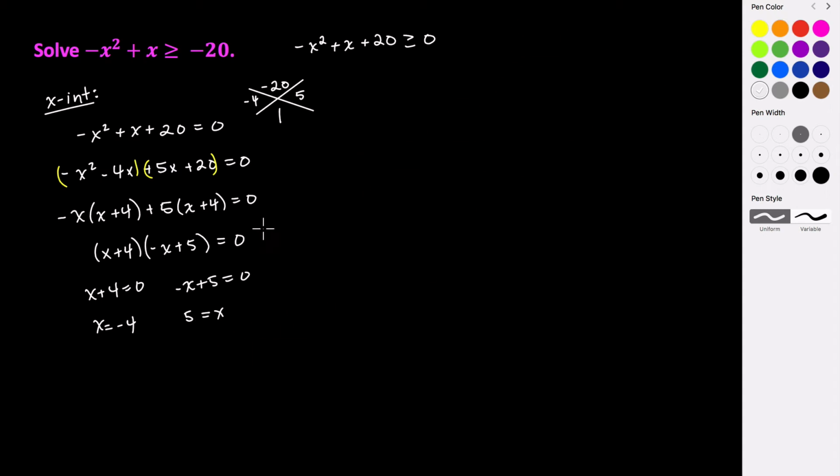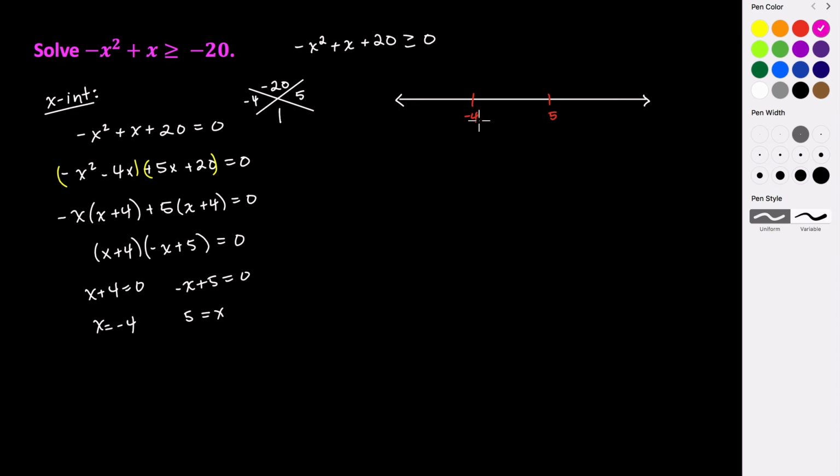So let's make a number line and figure out what values we can then test to figure out where our graph is greater than or equal to 0. So here is our number line, with negative 4 here and 5 here. Let's go ahead and test values.